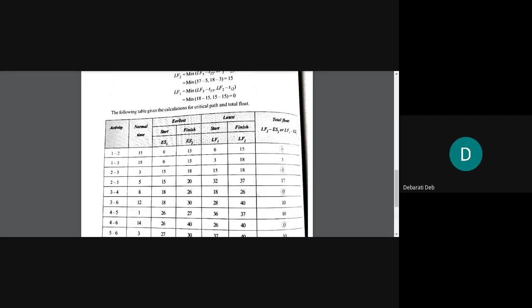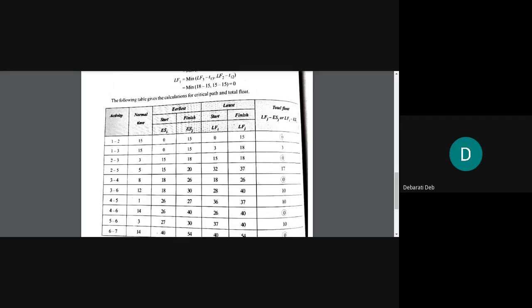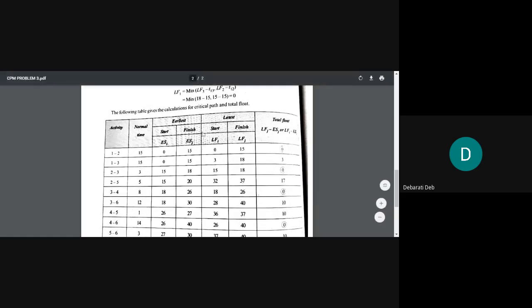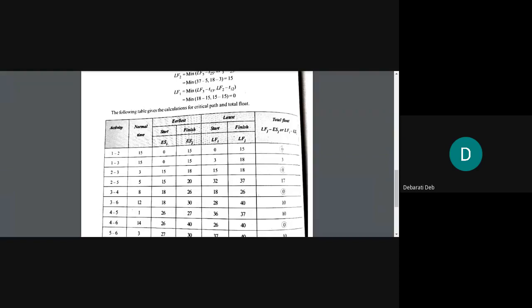Now next, these are very easy. You will have to identify this earliest start, earliest finish, latest start and latest finish very carefully. Otherwise, the problem will go wrong. Then calculate the total float.